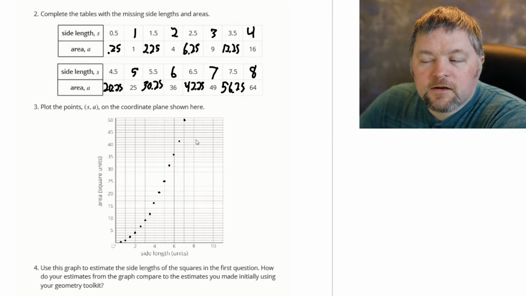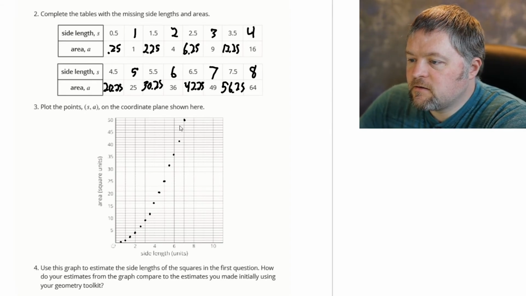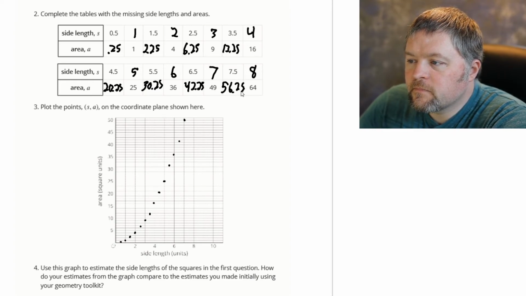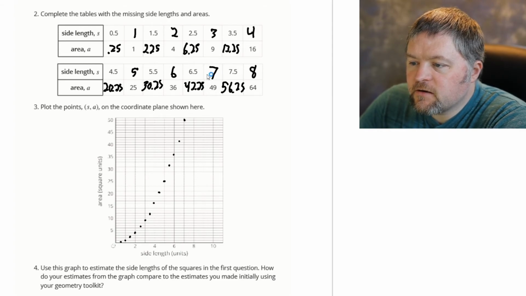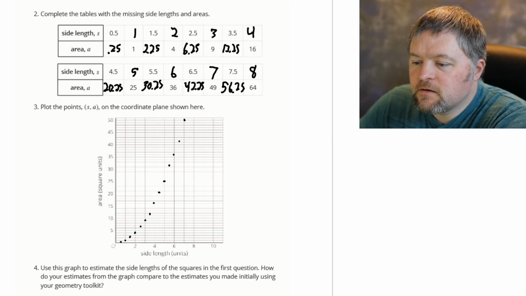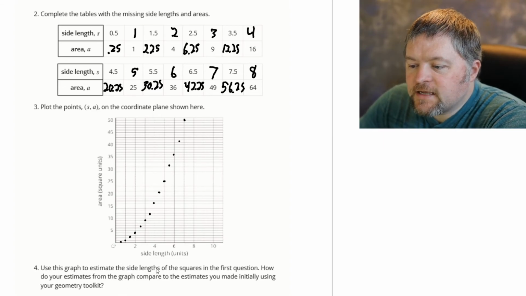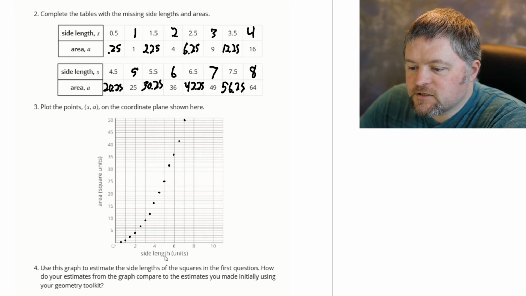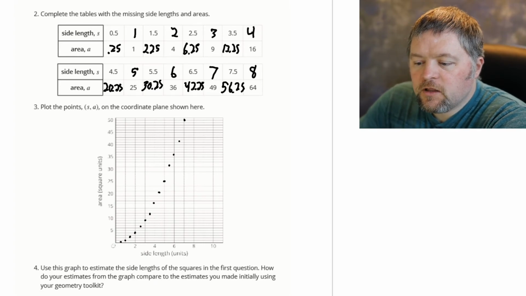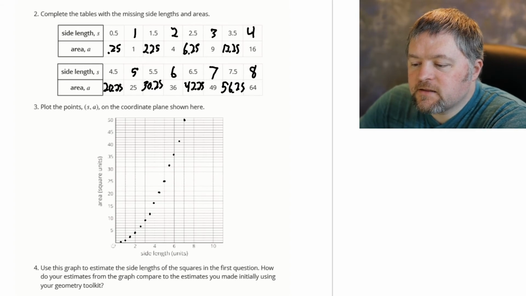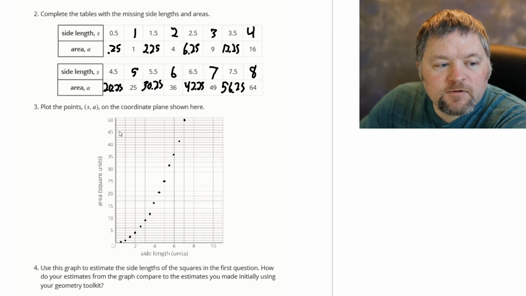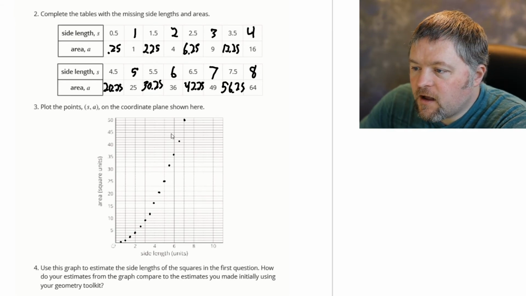Okay, I plotted all those points. There is not room for all of them. This goes up to 49. Use this graph to estimate the side lengths of the squares in the first question. We already did those exactly. Use the graph to approximate the square root of 45. Well, to approximate the square root of 45, we look at 45.